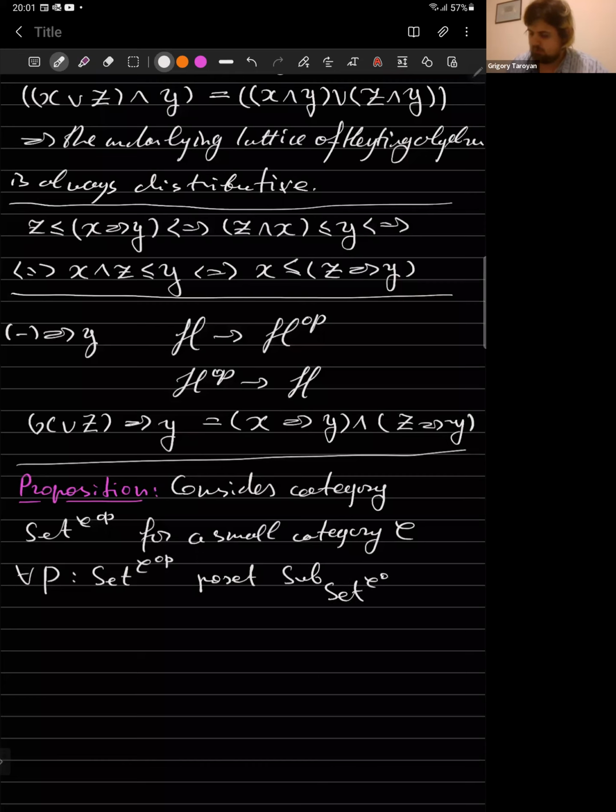I actually don't think that we need smallness of C. We only need the fact that the category of presheaves is well powered. So this poset is a Heyting algebra.